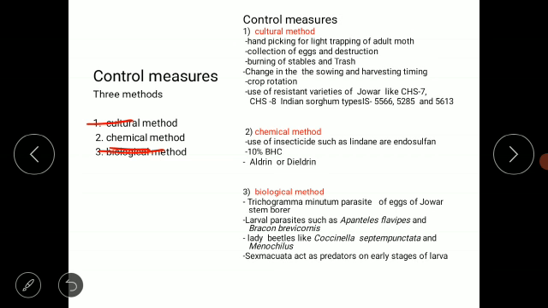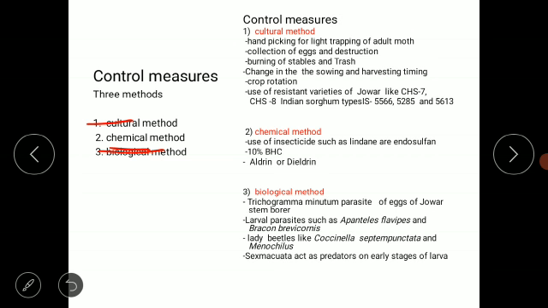In this method, we are not using chemicals, and we are not using cultural methods like hand picking, burning, or changing the sowing and harvesting period. Nothing like that. Instead, we are using other animals that feed on the Jawar stem borer, or other animals that are responsible for causing diseases in the Jawar stem borer.